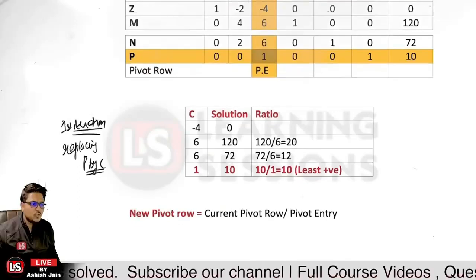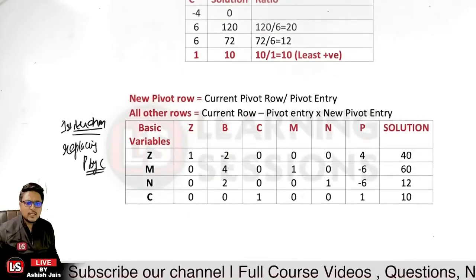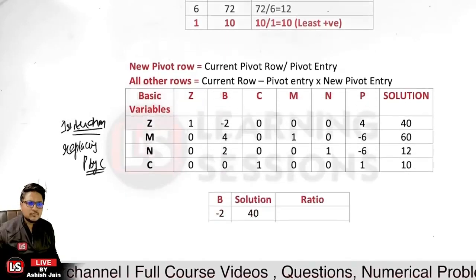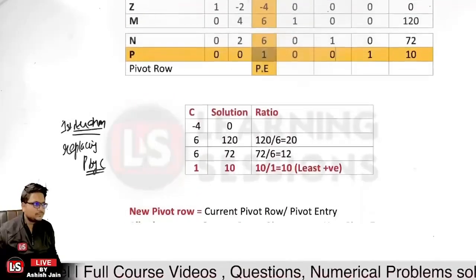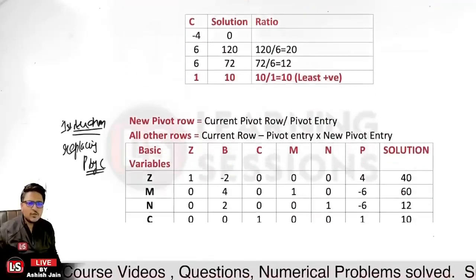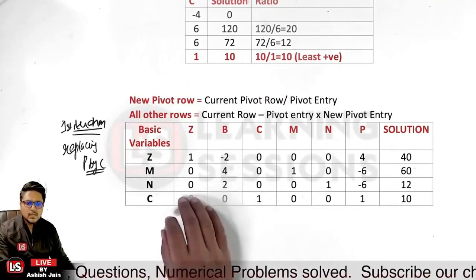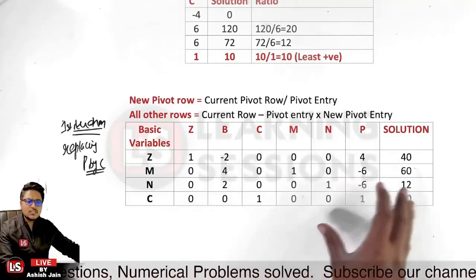Okay, so let me show you the new row over here. Kindly pay attention to it. So we are having the Z, M and C over here. How did we change all the values?